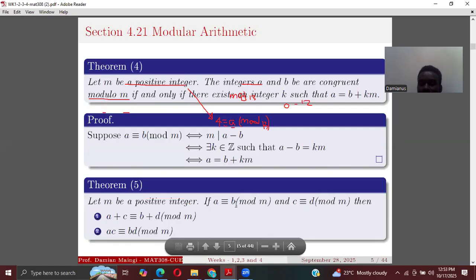As long as A is congruent to B mod M and C is congruent to D mod M, then A plus C will be congruent to B plus D mod M. And likewise, if I multiply both sides, A times C is congruent to B times D. So I can bring in multiplication and it still remains valid.